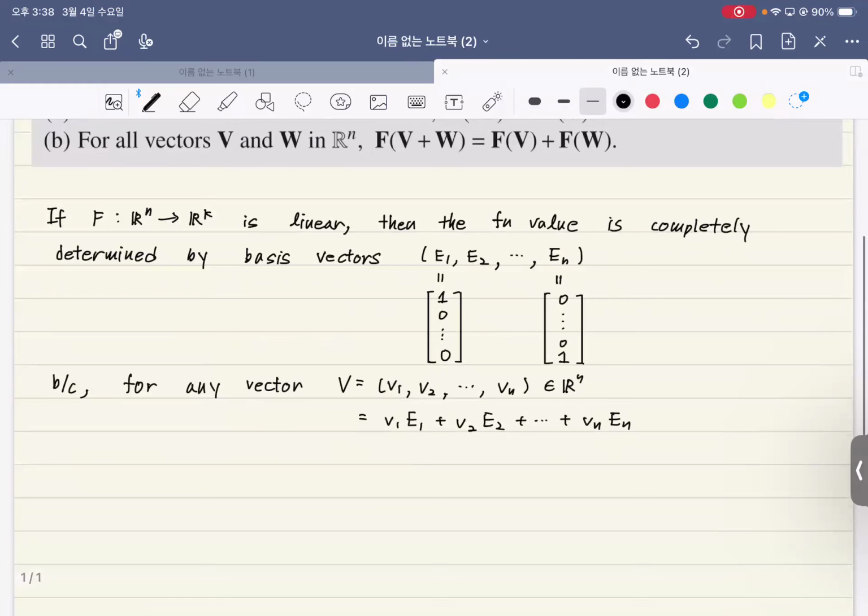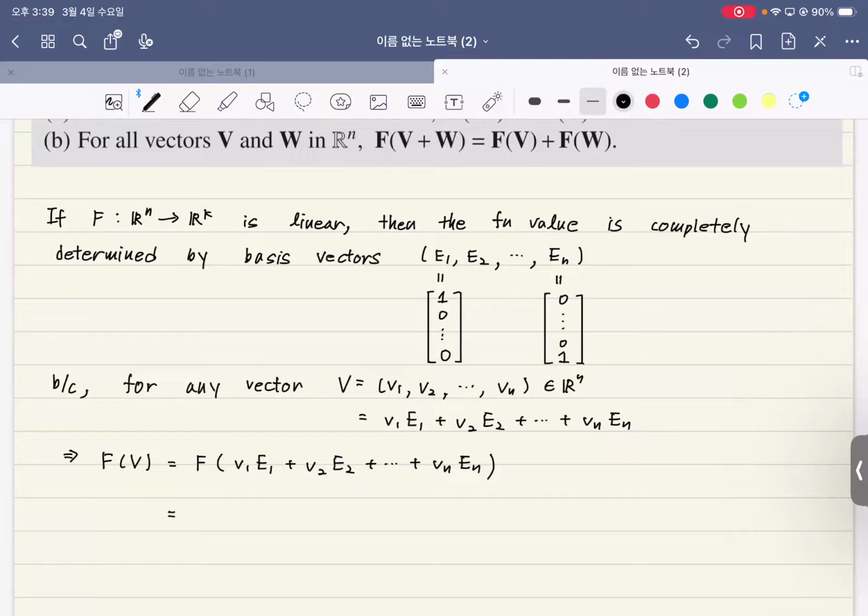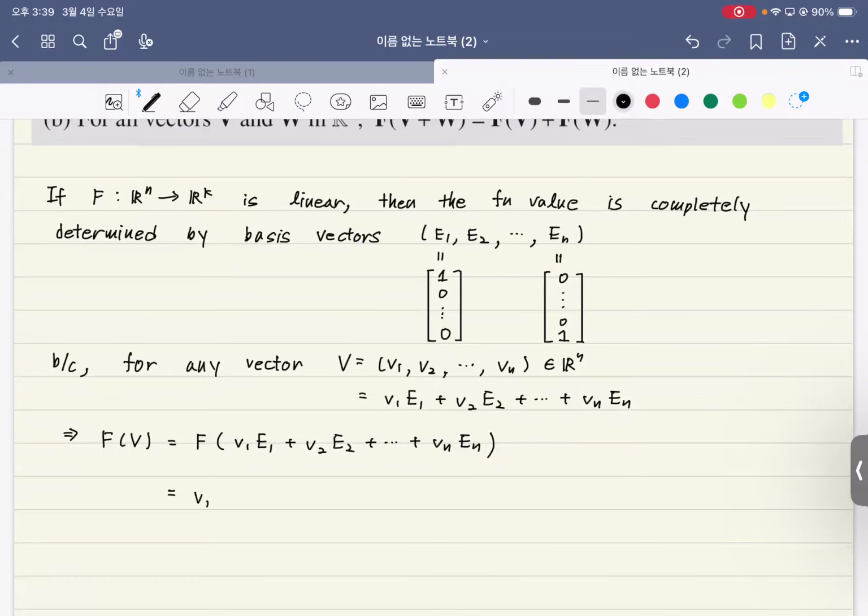So the function value of this vector can be written as f of this combination, and because of the linearity of f, this is v1 f(e1) plus v2 f(e2) plus ... plus vn f(en).